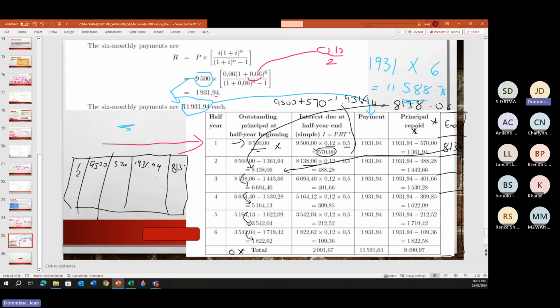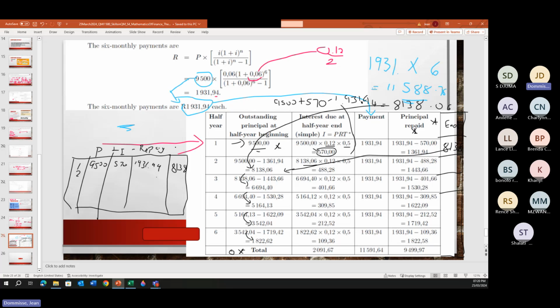So they normally don't in the tables give you this principal repaid. They just wanted to show you the process nearly of how it works. But normally it will be your beginning plus your interest minus your repayment, that gives you a new value that you will start off with again. So that is normally the process of how it works.